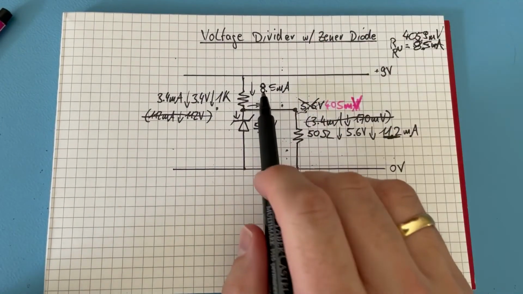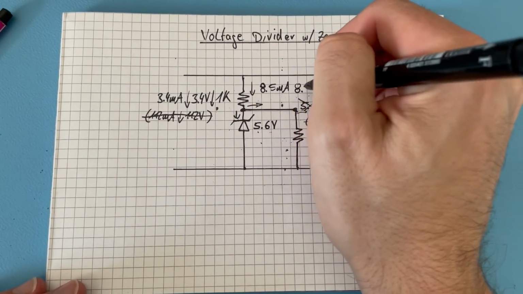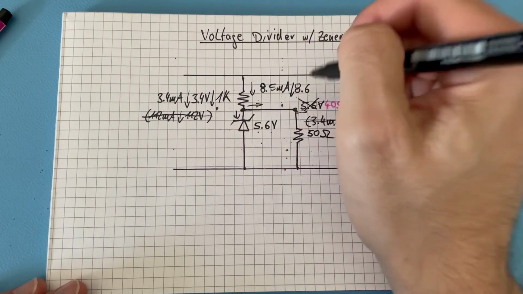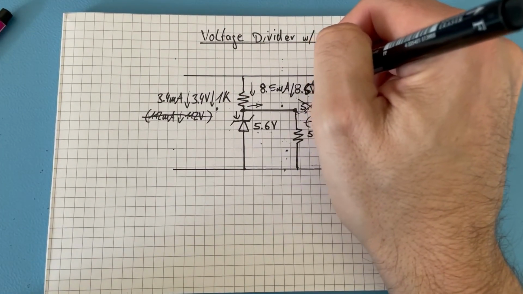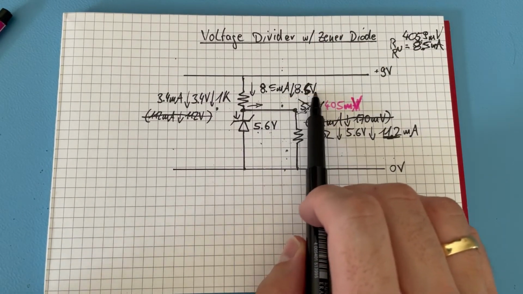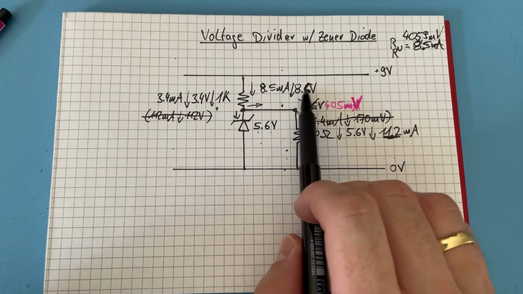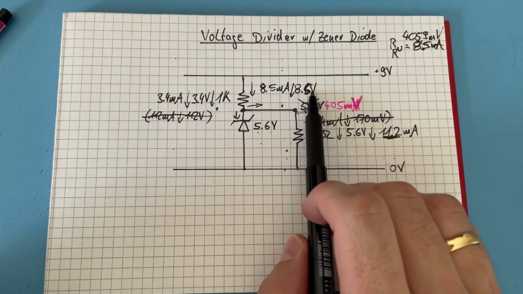Then that means that across this 1K resistor there is dropped around 8.5 volts. But as we see here, most probably there was a significant digit there that we did not get on the digital multimeter. Most probably it was more in the 8.6 range.